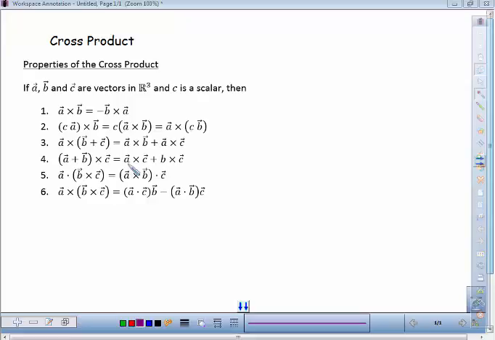The fifth one kind of combines the idea of a cross product and a dot product together. And if you look at the way they reordered things, the order of this cross product and dot product makes a difference.